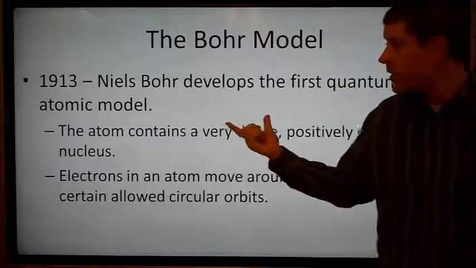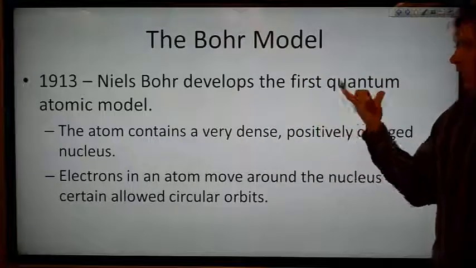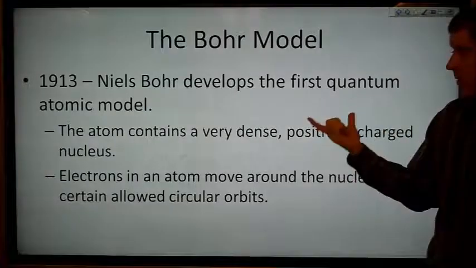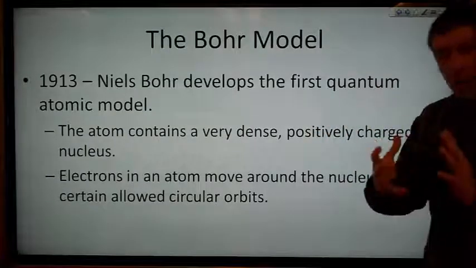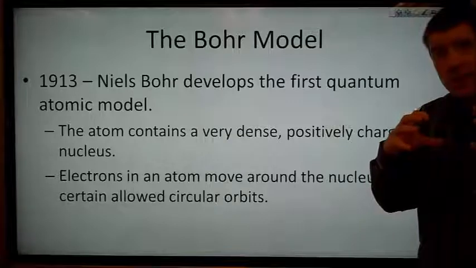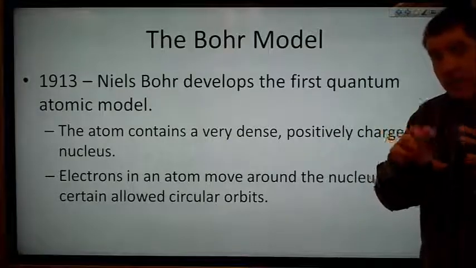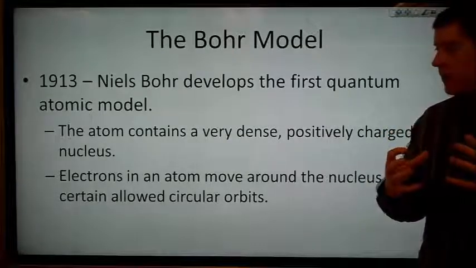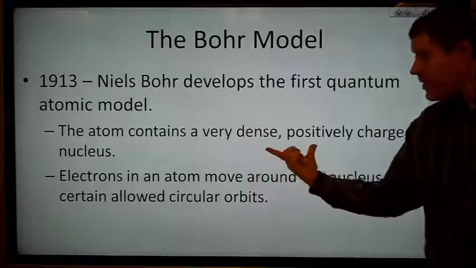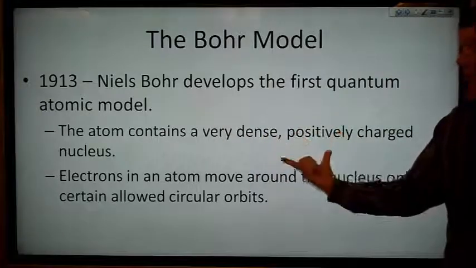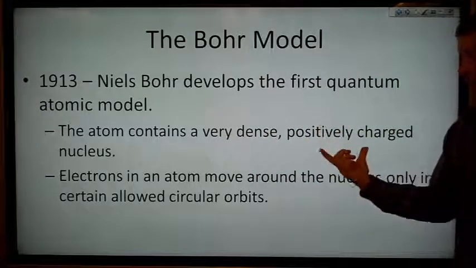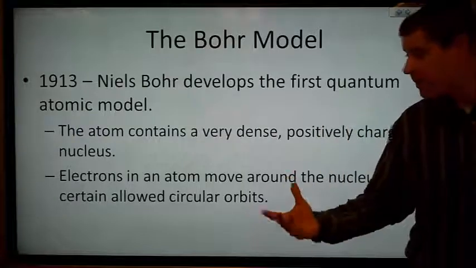So in 1913, Niels Bohr develops the first quantum atomic model. So quantum means it's quantized. There's some fixed amount of stuff, some fixed amount of energy in this case. So in Bohr's model, the atom contains a very dense positively charged nucleus. That's just like Rutherford's model.